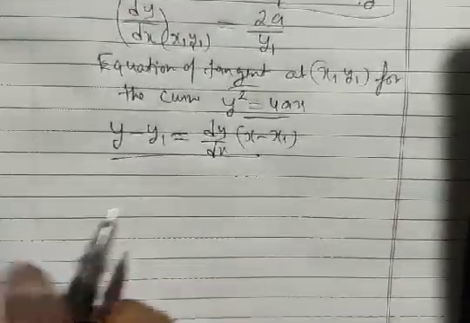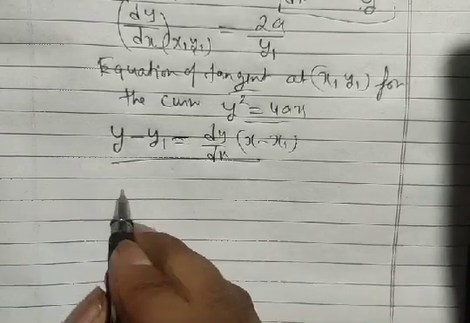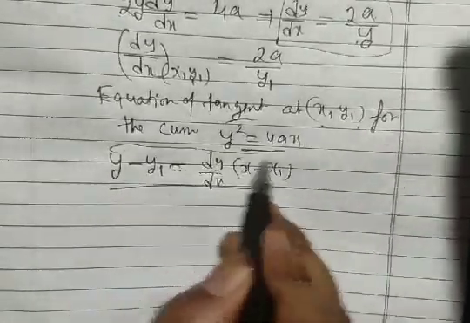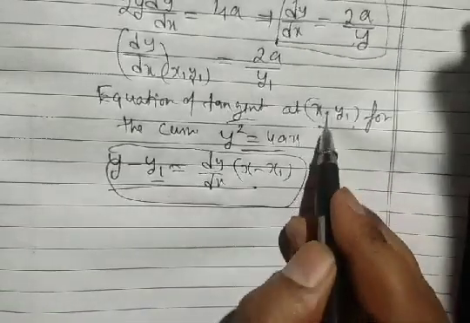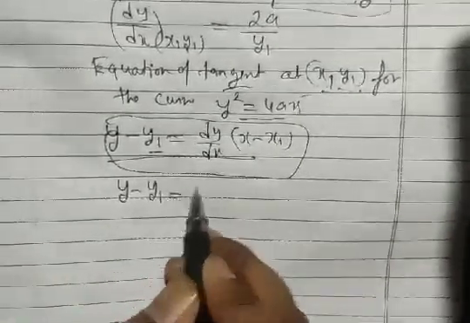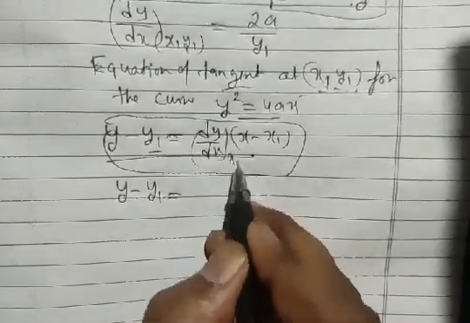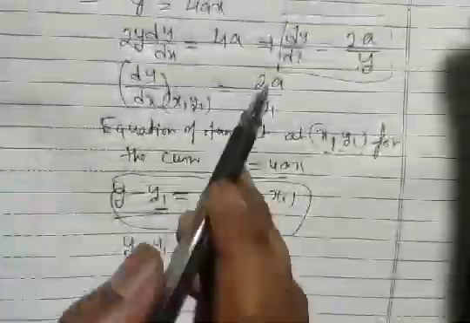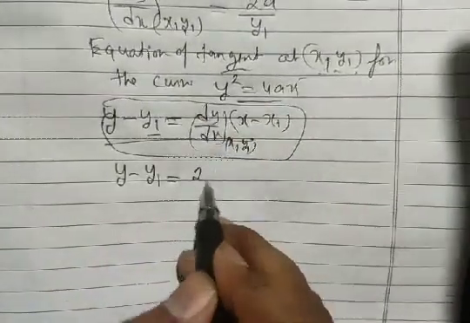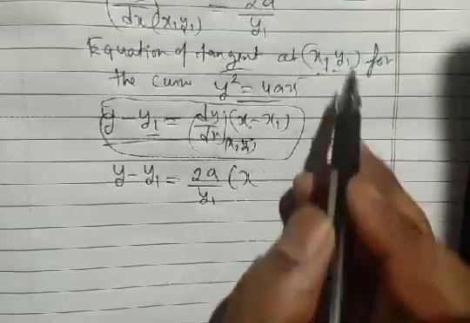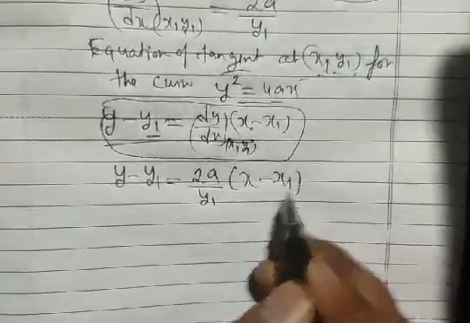Here dy/dx at x1, y1 is 2a upon y1, and we use x minus x1 because our point is x1, y1.